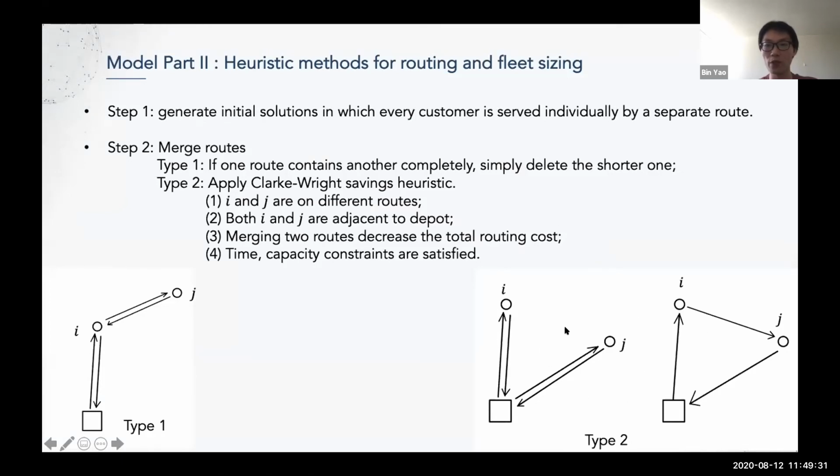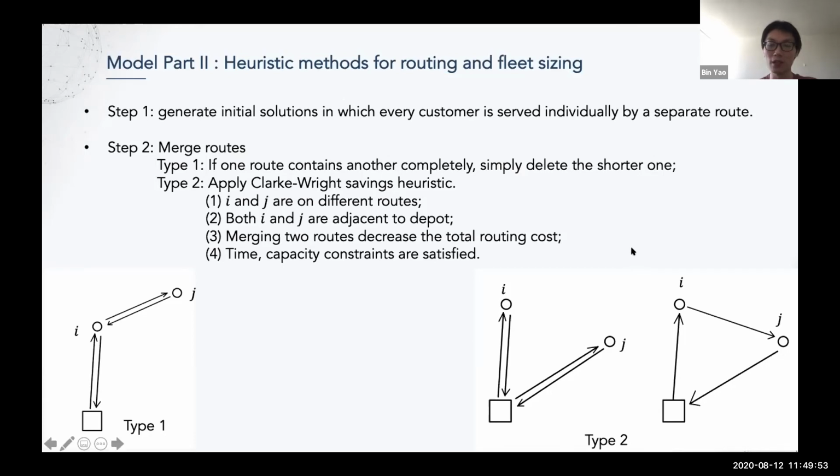So when we consider how to apply the clockwise savings heuristic, what we do is to first find the possible merging that has the greatest savings, which means after the merging, the cost is reduced the most.